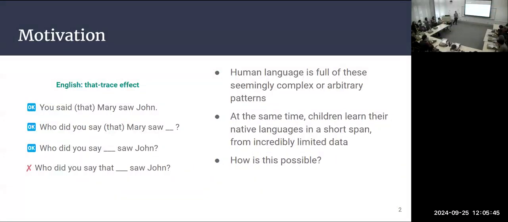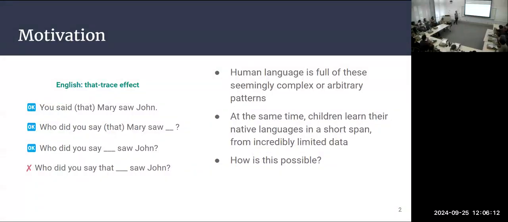And language is kind of full of these things, right? So if you speak a different language natively, like your own native language or English or whatever else you speak, there are all these weird patterns that seem pretty complicated and maybe kind of hard to figure out why they might be there. But at the same time, we see that children learn their native languages in a relatively short span, and they do it with incredibly limited data.